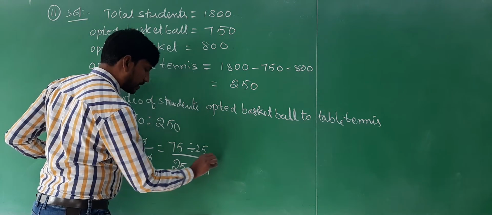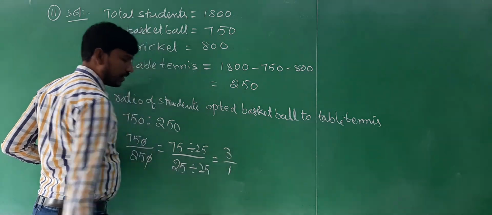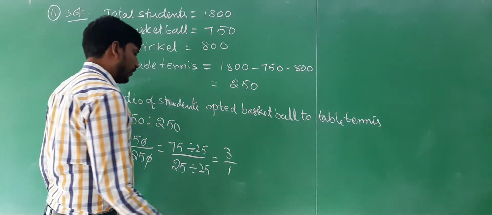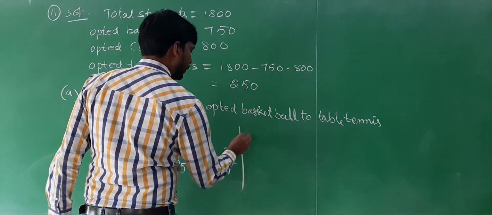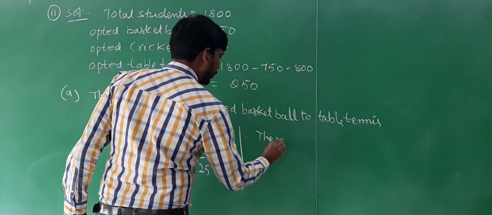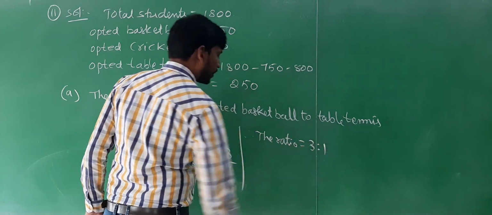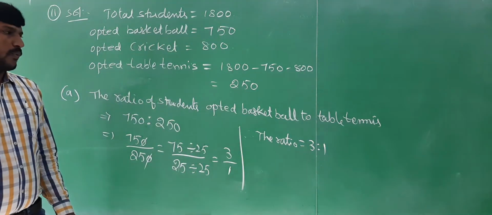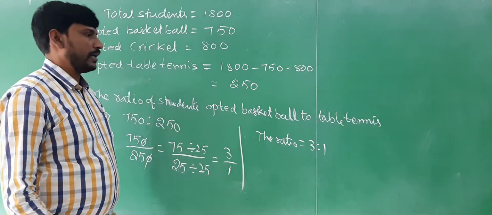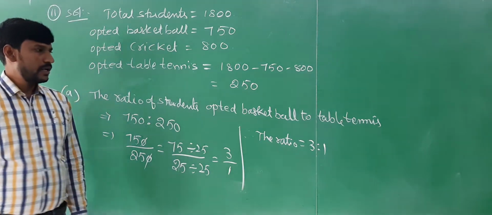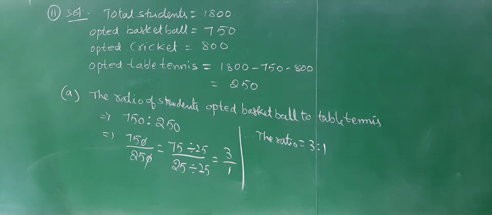So 25 threes are 75, 25 ones are 25. So therefore the ratio is 3:1. If 3 students opted for basketball, 1 student will opt for table tennis. Right, children? So basketball to table tennis has been completed.